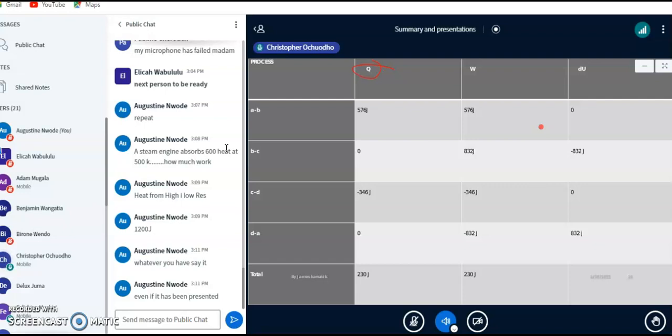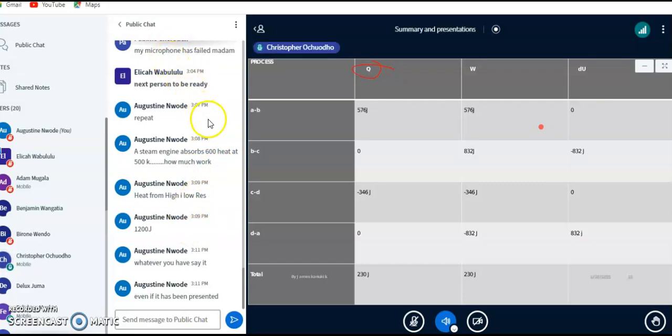A Carnot refrigerator operates between 500 Kelvin and a lower temperature. It extracts 800 joules from a cold reservoir during each cycle. What is the COP, the work done, and the QH?